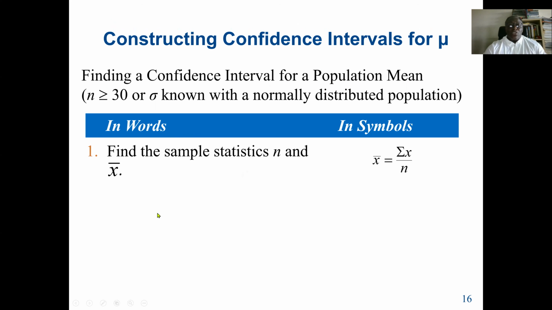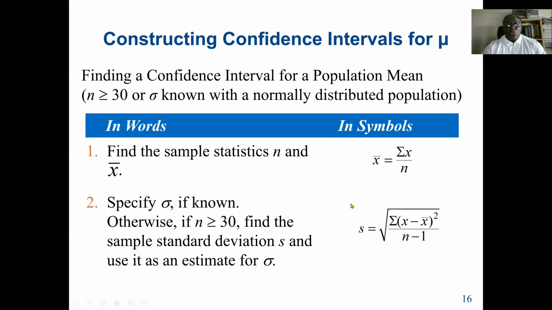In words, first we have to find the sample statistics: the n, that is the size of the sample, and also the mean of the sample. In symbols, this is what gives us the point estimate: x bar equals the sum of all the x values divided by n. Then step 2, we have to specify the standard deviation if known.